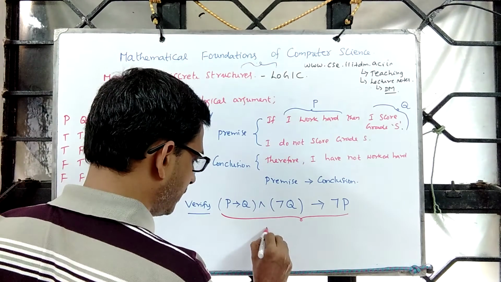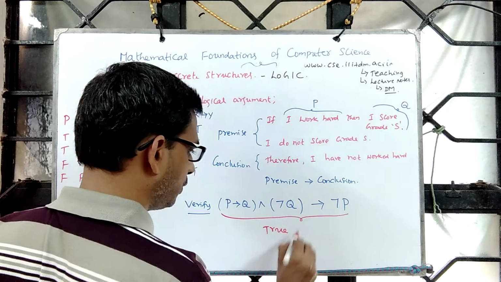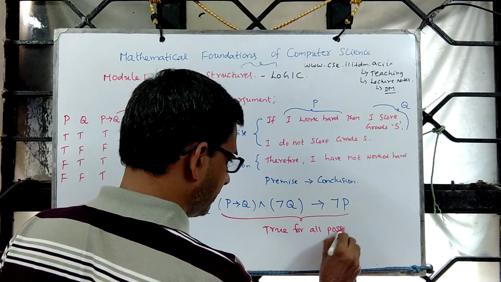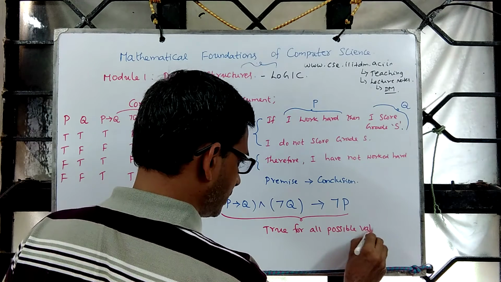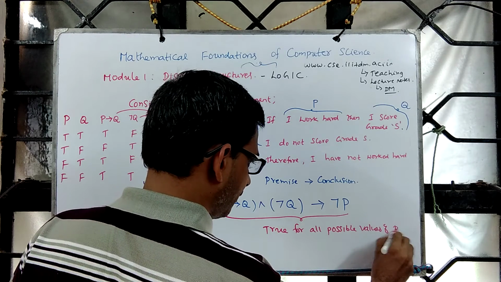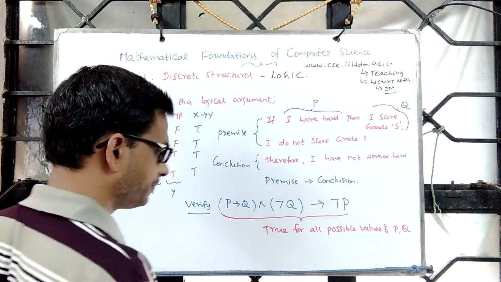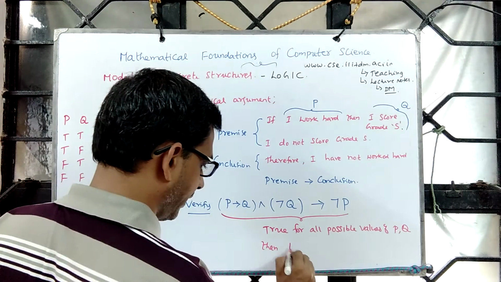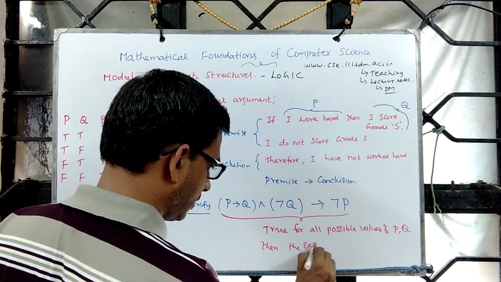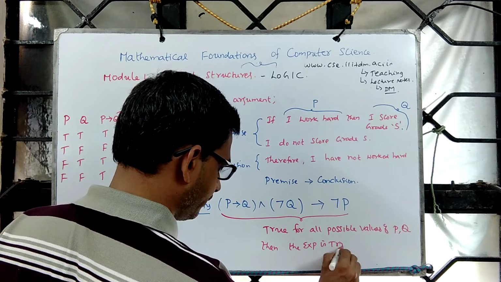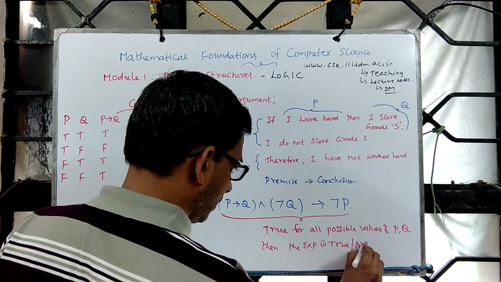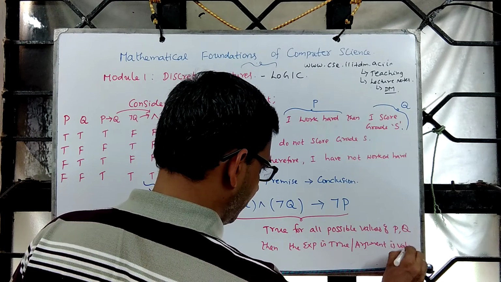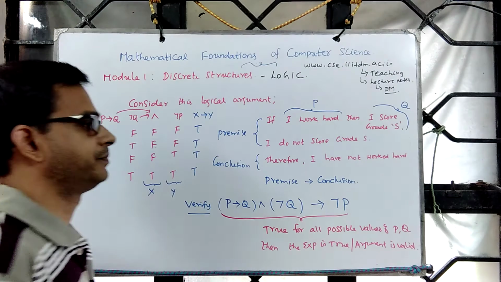If the truth value of this expression is true for all possible values of p comma q, then the expression is true, or the given argument is a valid argument.